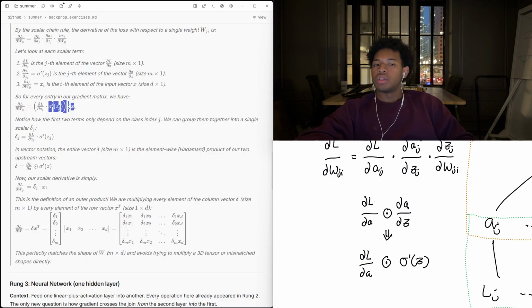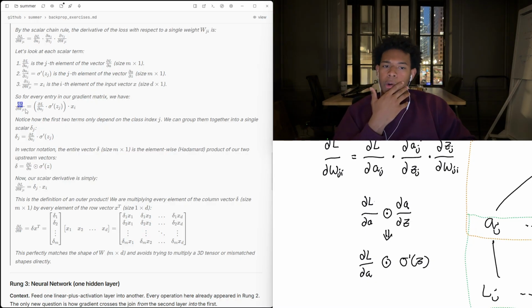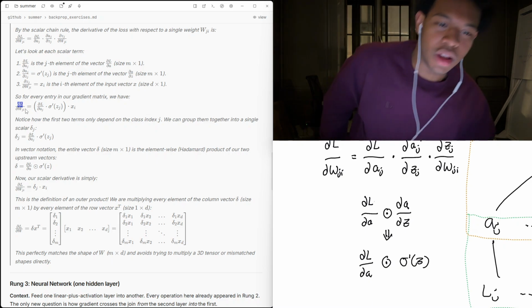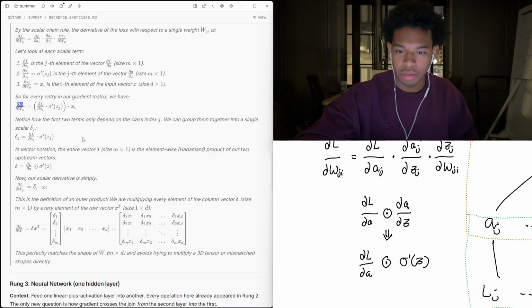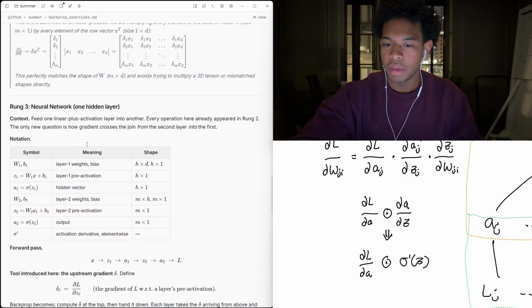So how would you retain the fact that you need this to be element-wise, you know? So the order of operations, I have yet to become fluent in linear algebra. But yes, I'm okay with that.